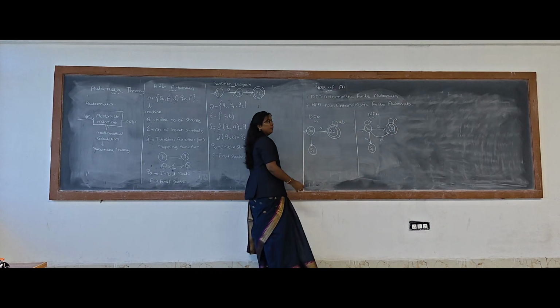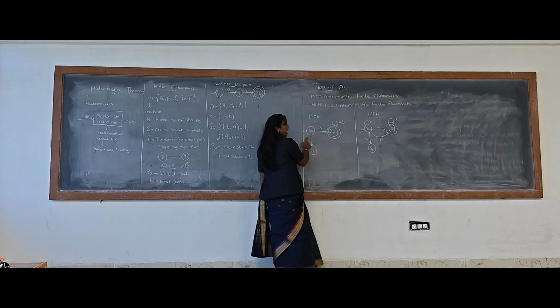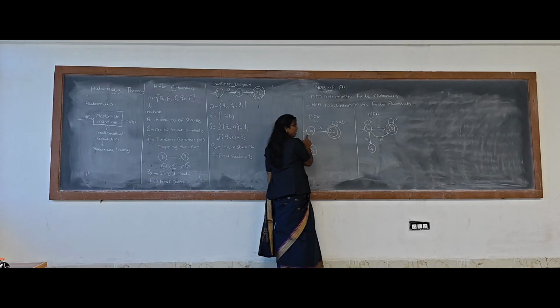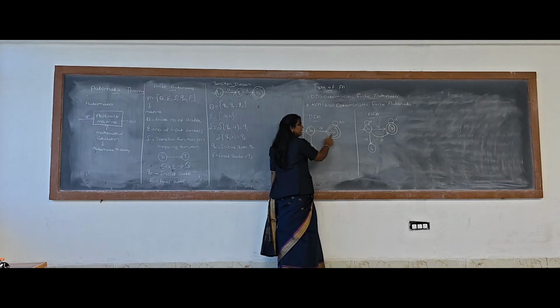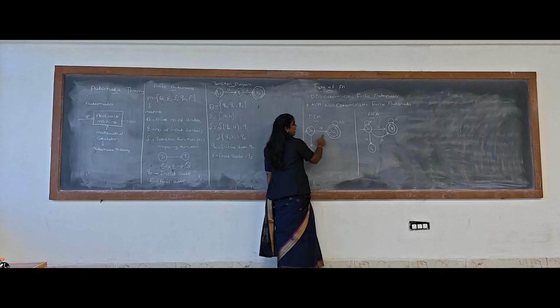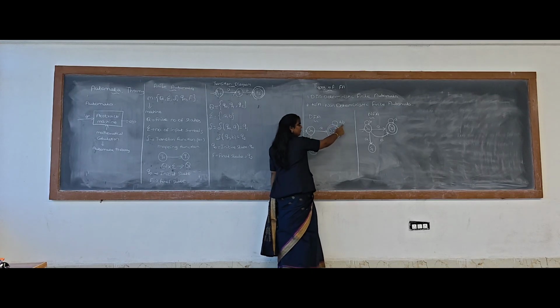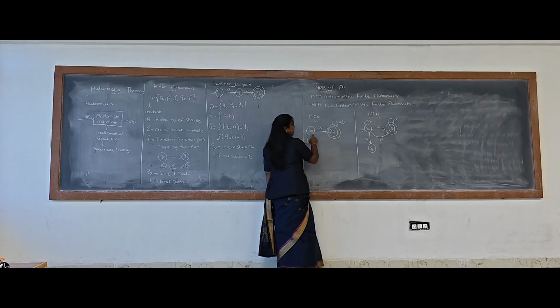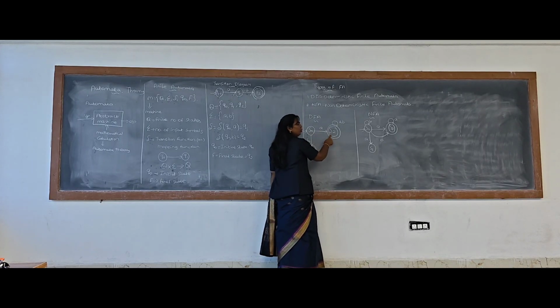Here you can see we have the initial state S0 and the final state S2. As I told, in DFA all the states should read all the inputs. Here we have the inputs A and B. In this diagram, the transition is done by using the input symbol A, from S0 to S1.